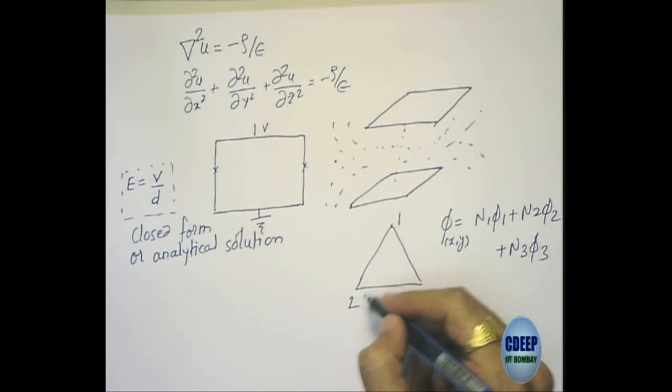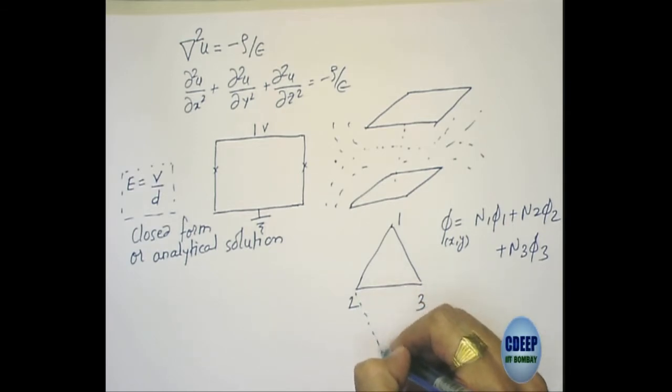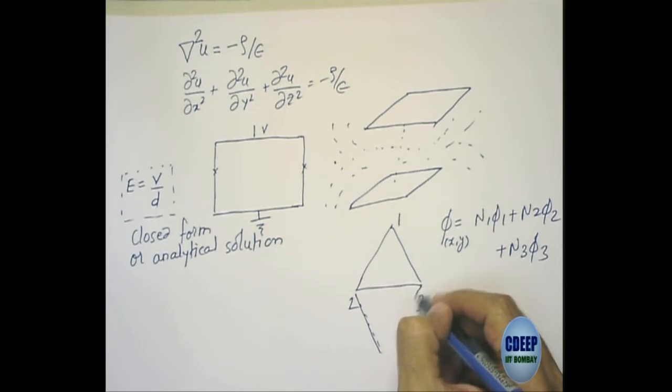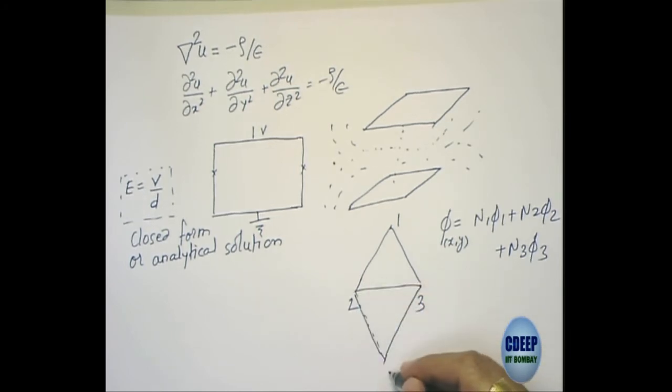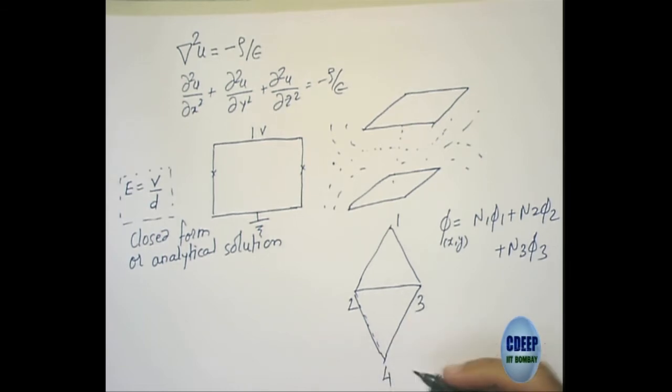It has to be like this only because let us take another, adjacent element, with nodes 2, 3, 4 as its vertices.